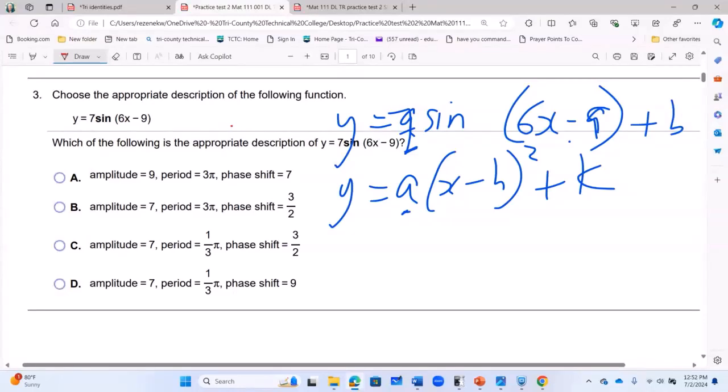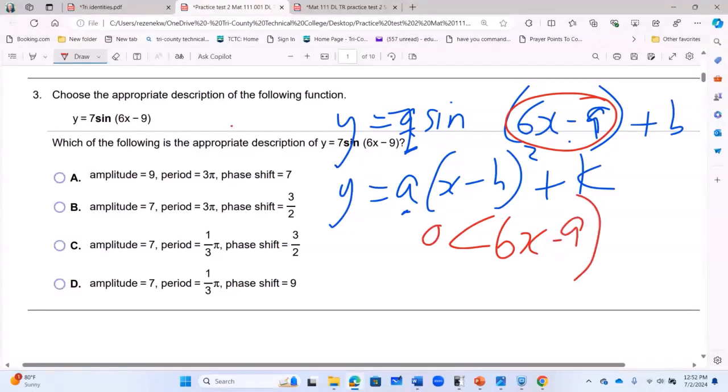We already know that the period of sine is 2 pi. So I will say 0 is less than the quantity in the middle, 6x minus 9, is less than 2 pi, and I solve for x. When I finish solving for x, I will see the phase shift. So this is the phase shift, the horizontal shift, as in your quadratic.